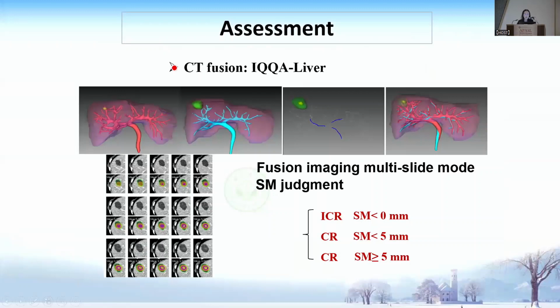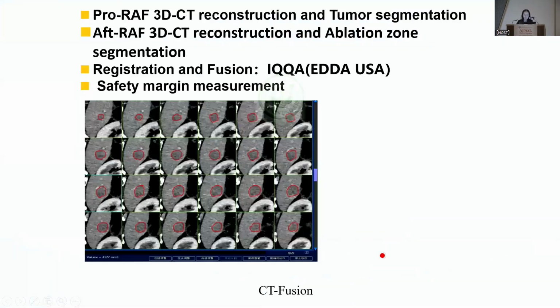In the assessment, we use the CT fusion imaging as a standard to compare with our technique. So we can divide the safety margin into no safety margin, or larger than 5 millimeter, or smaller than 5 millimeter.